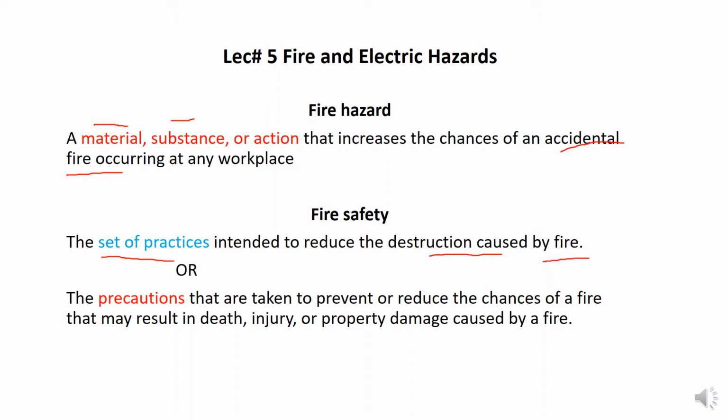These are the practices or procedures that we follow to reduce the damage caused by fire, or the precautions taken to prevent or reduce the chances of a fire that ultimately can cause death, injury or any damage to the body of the person or the workers. So this is fire safety and fire hazards.